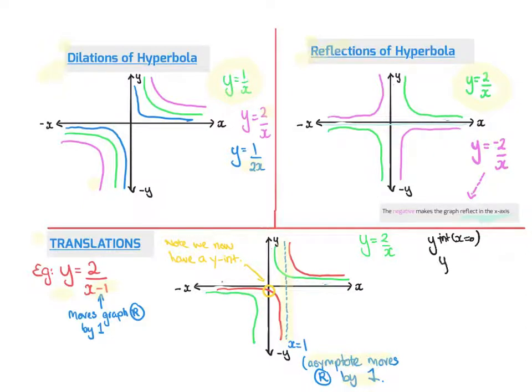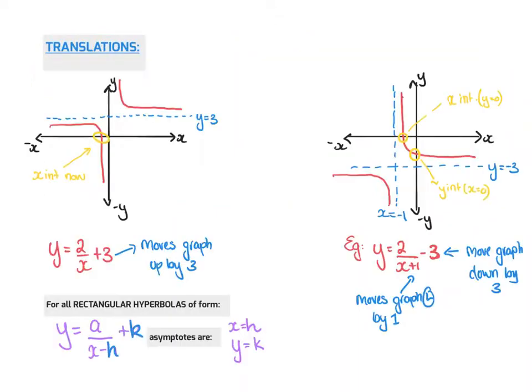So you would have y equals 2 over 0 minus 1, so y equals 2 over negative 1, so y equals negative 2. So the y-intercept is (0, -2). Okay, so we're going to continue on the next page and look at other translations.